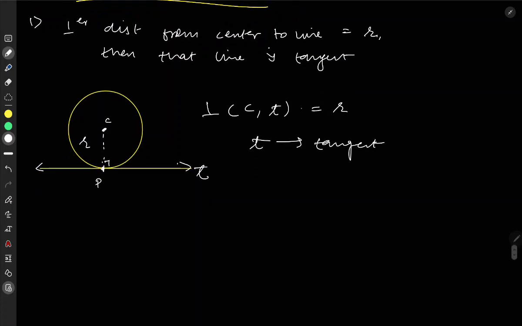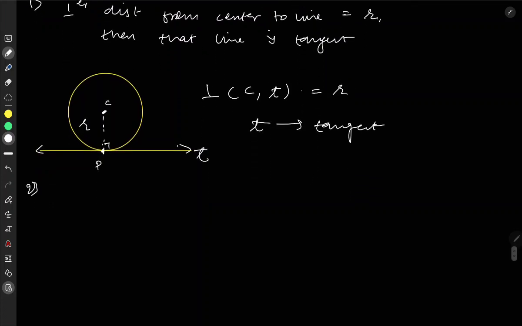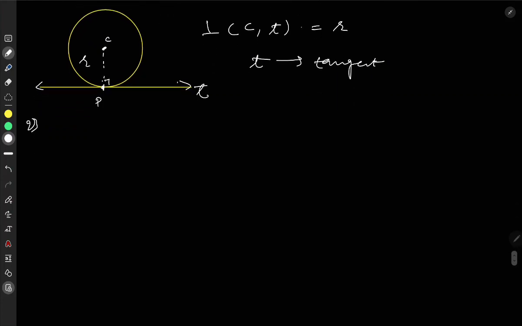This is what the theorem states, and we have to use it many times in this chapter in problem solving. Second one is perpendicular drawn from center to chord bisects the chord.